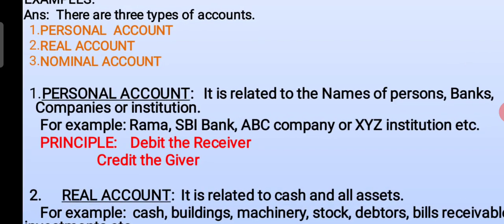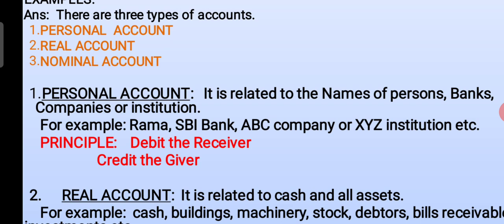See, when we talk about personal account, what is personal account? It is related to the names of persons, banks, companies or institutions. So whenever you find the name of a person or institution or bank or company, then you can treat it as a personal account.